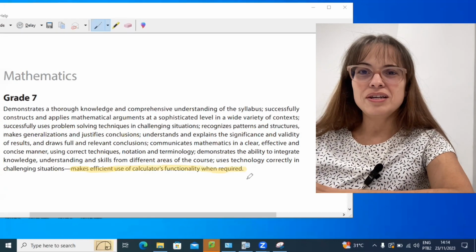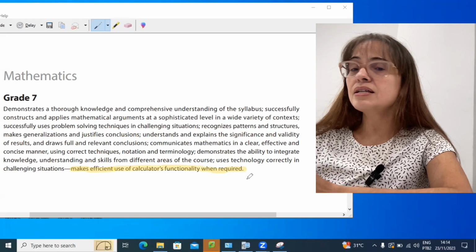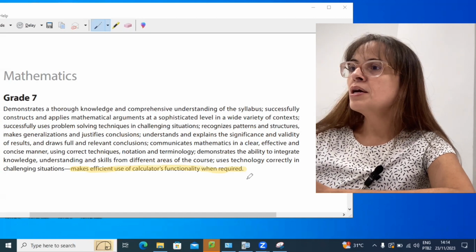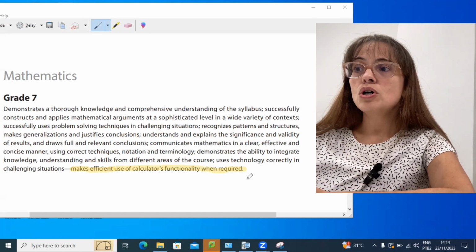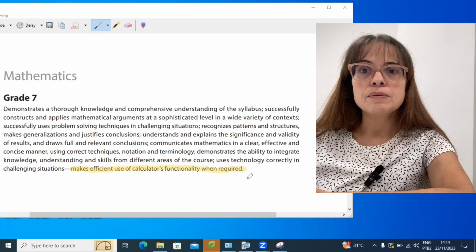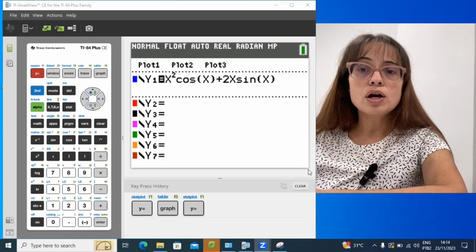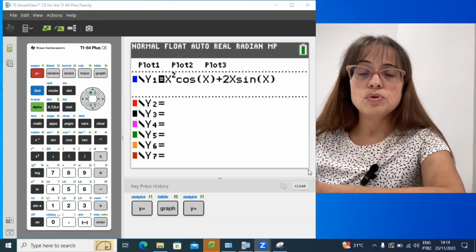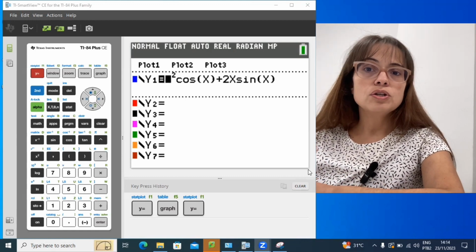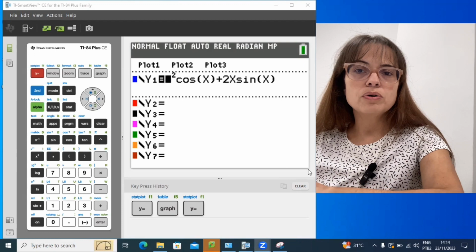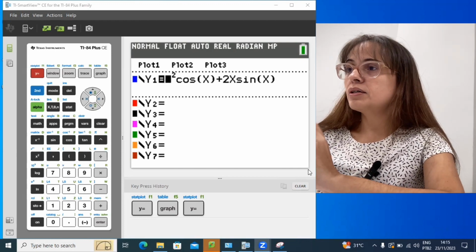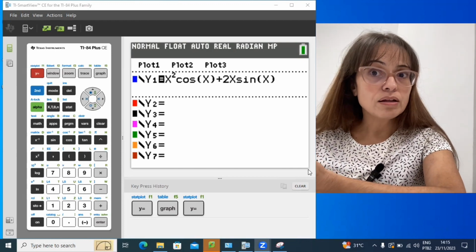It says so right here in the grade descriptors. That sentence that I've highlighted in yellow here: make efficient use of the calculator functionality. This means, among other things, that you are not going to take the derivative of a function when all you want is information about a certain point that the calculator can easily get for you.